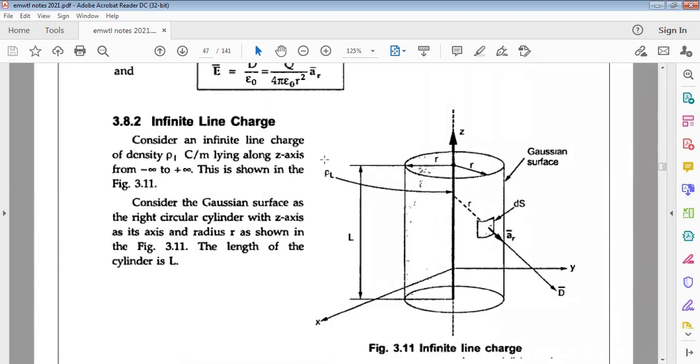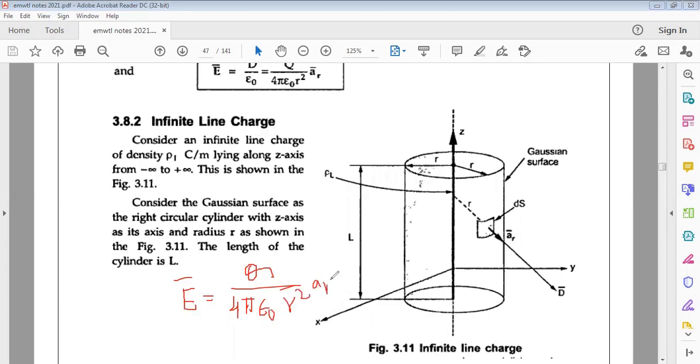So we know the formula for electric field intensity due to the infinite line charge. According to the point charge, the electric field intensity is E bar equal to q by 4 pi epsilon naught r square into AR bar.